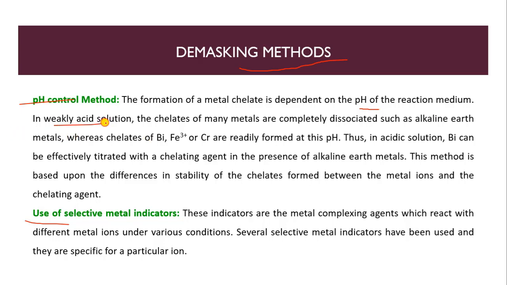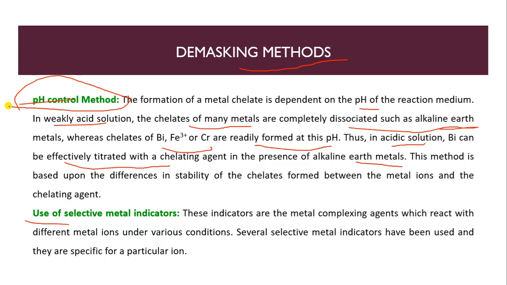In weakly acidic solution, the chelates of many metals, such as alkaline earth metals, are completely dissociated, whereas chelates of Bi and Fe3+ or chromium are readily formed at this pH. So in acidic solution, Bi can be effectively titrated with a chelating agent in the presence of alkaline earth metals. So this is the method. We can control the pH to control the reaction, and use it as a demasking method.